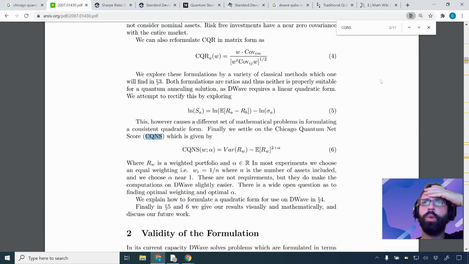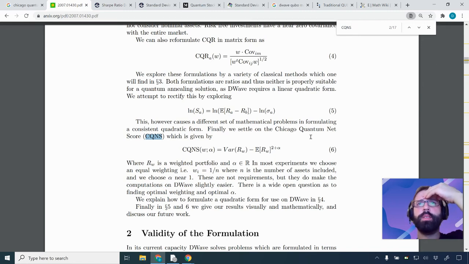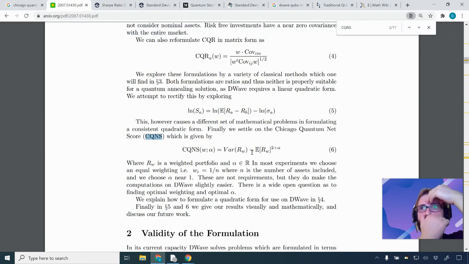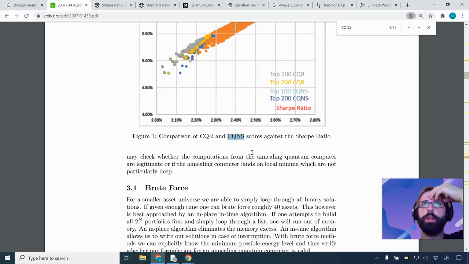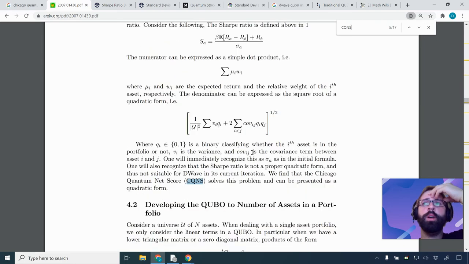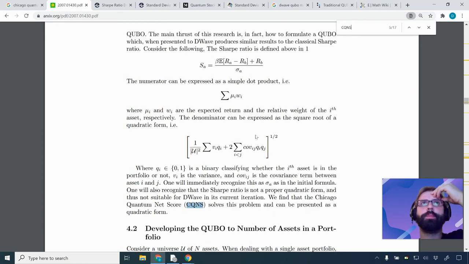But I don't know what this E means, and I don't know how this can be represented in the QUBO form, right? So, simple dot product.